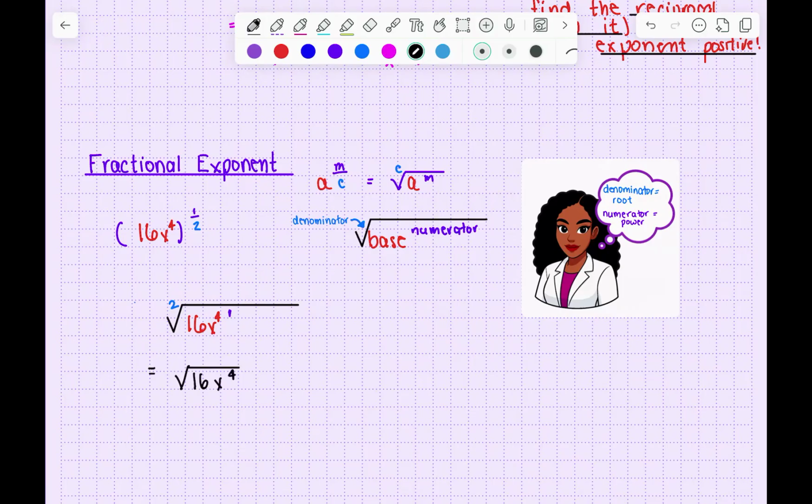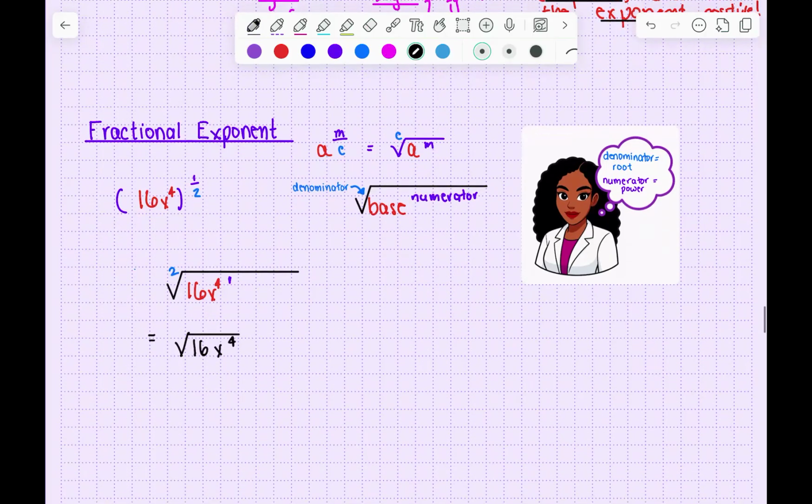This is not simplified, okay? This could be further simplified because these are perfect squares. I can square root this and I can square root that. So what we're looking at is the square root of 16 times the square root of x to the power of 4.